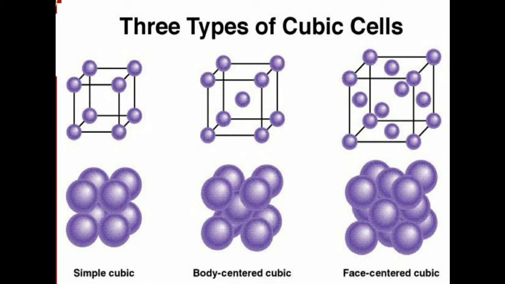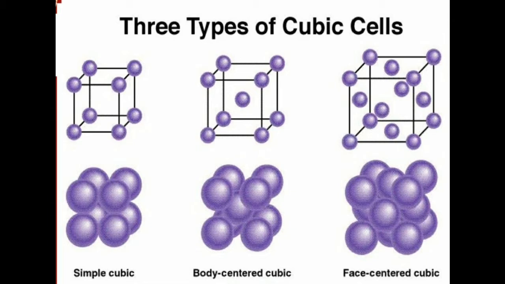Next, there are three types of cubic cells we are going to discuss today. One is simple cubic, another one is body centered cubic, another one is face centered cubic. As we mentioned in yesterday's video, simple cubic means all the corners are occupied by atoms.